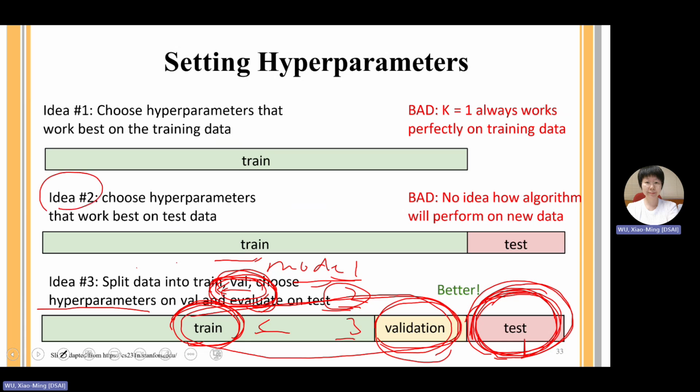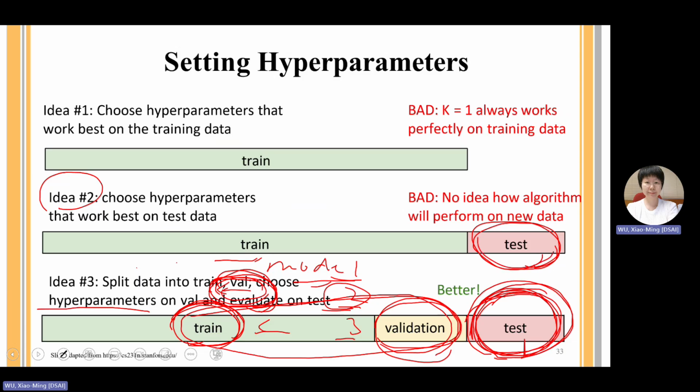Why is the alternative idea bad? Why shouldn't we use the test data for validation? I mean, why shouldn't we use test data for selecting hyperparameters?